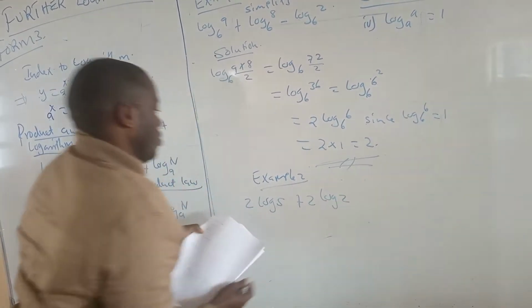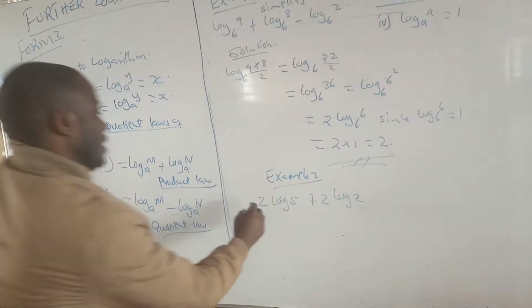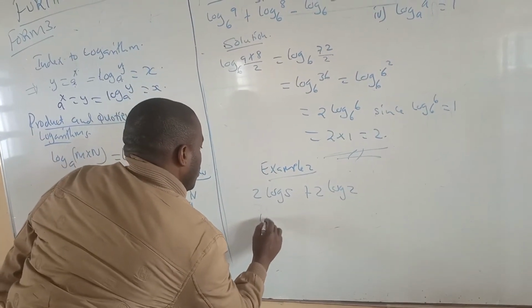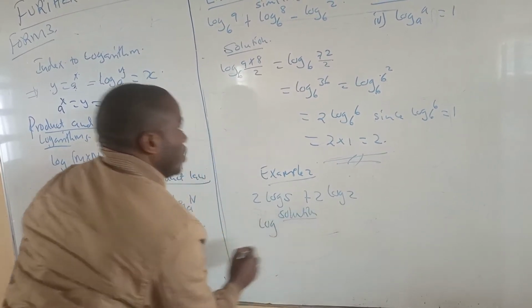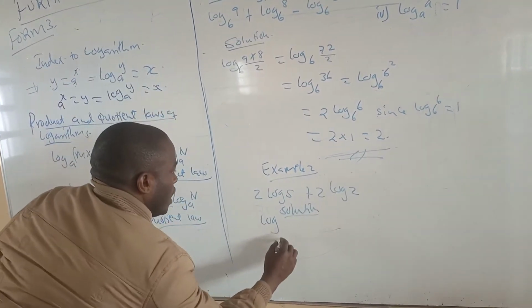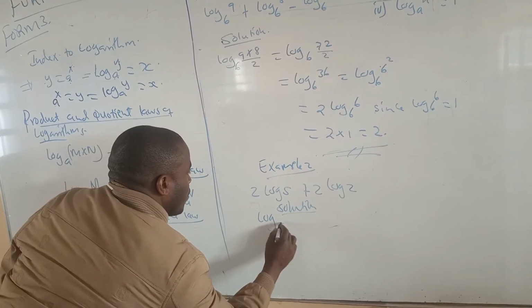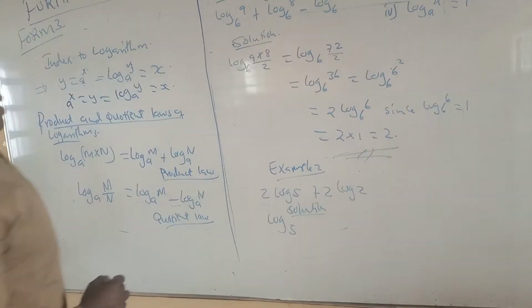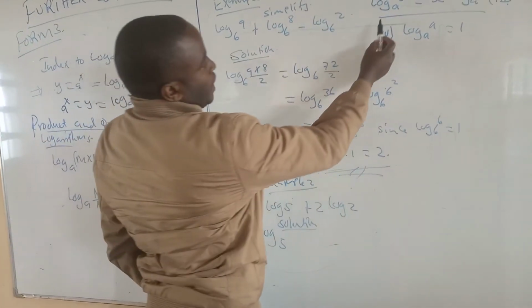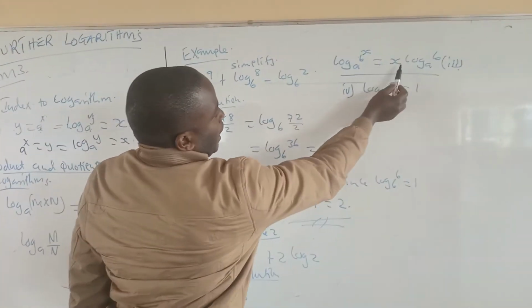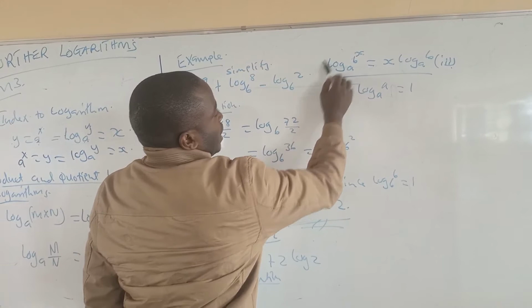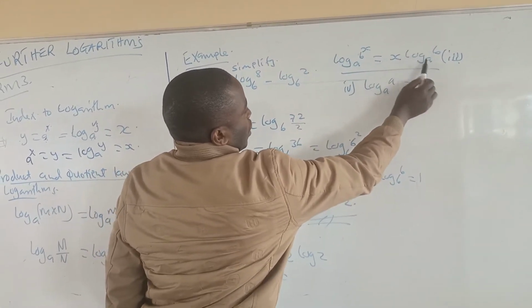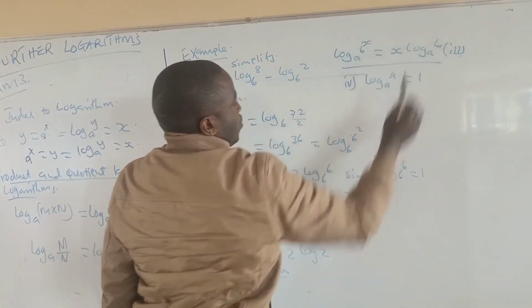That is log 2. This is the same as log. That is the solution. We will say this is log 5. We bring this to the other side, because if I said x log, that is this one, I brought it here, so you can take it back, so it can be log a b squared, b power x.